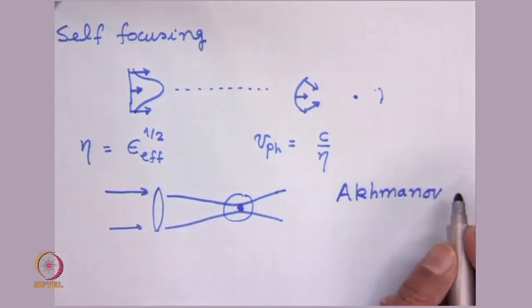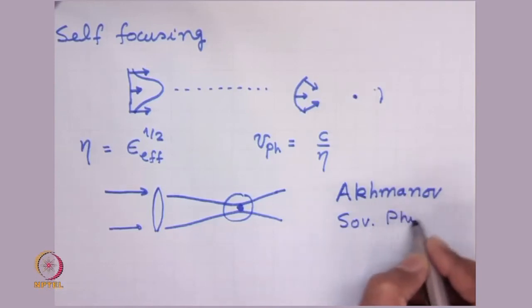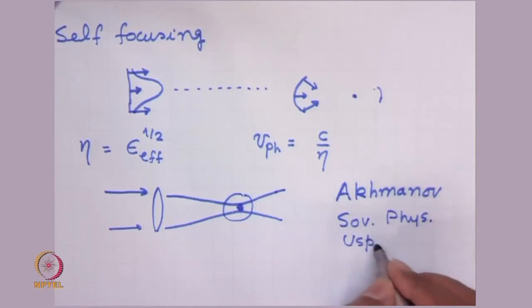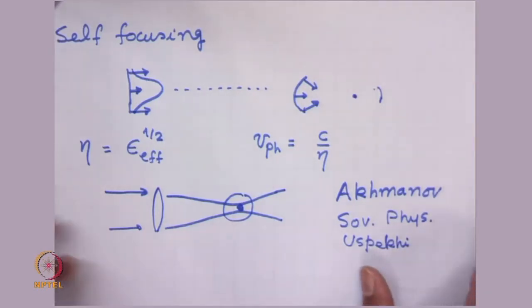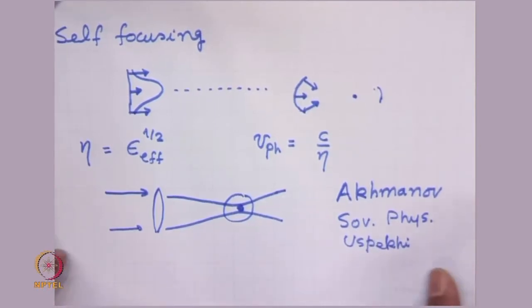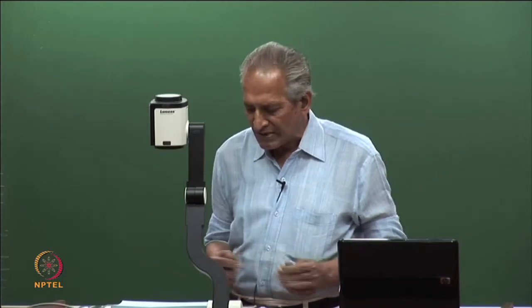They published a review article in Soviet Physics Uspekhi in the late 60s, and I think the references that I have mentioned, our book also has utilized their paraxial ray formalism to study this phenomenon. The effect in one dimension due to this nonlinear permittivity is called soliton formation.